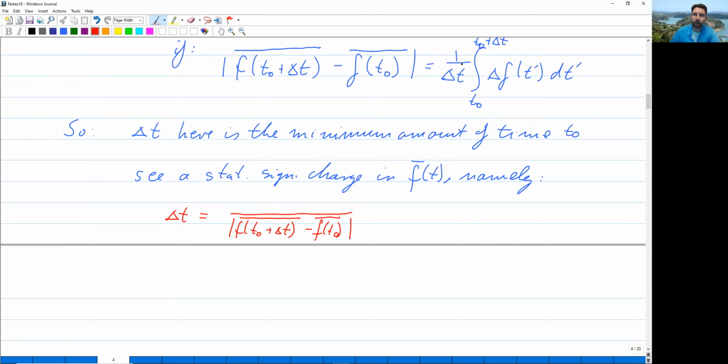And in the numerator, we have that integral here. So we have the integral from t naught to t naught plus delta t of delta f of t prime dt prime. So this is the threshold time. If we follow the dynamics that much of time, then the threshold can be exceeded.